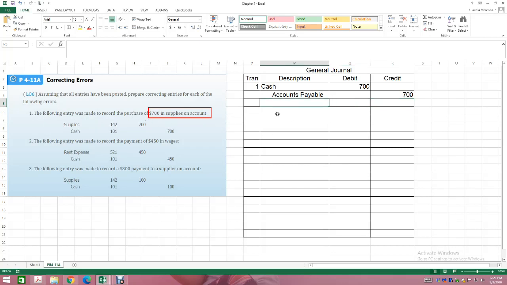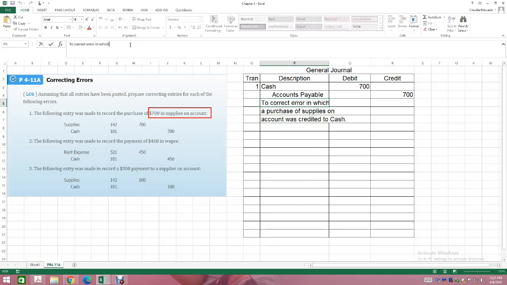And then we can put here a description: to correct error in which a purchase of supplies on account was credited to cash. Okay. Maybe I can just do the whole thing.